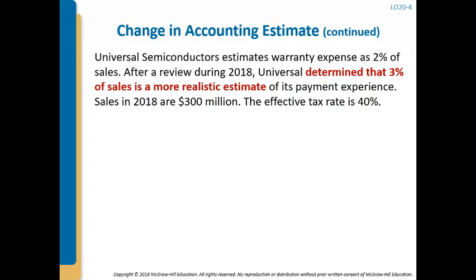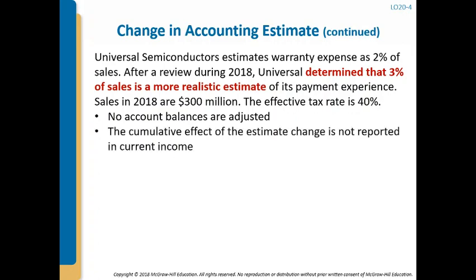After reviewing 2018 numbers, this company determined that 3% of sales is a more realistic estimate of its payment experience. And so if sales are 300 million in 2018, they're going to make the change accordingly going forward.